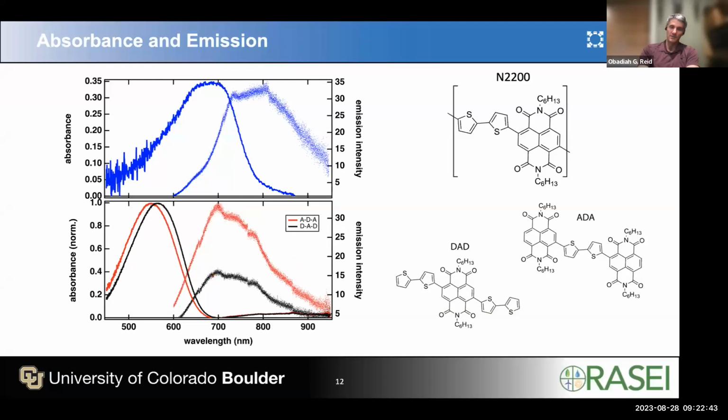The ADA seems to have somewhat higher PL quantum yield than the DAD, but it's very low in both cases. Additionally, you can see from the absorption spectra and comparisons with thin films of this DAD compound, which I don't have on this slide, that indeed you do have isolated molecules in solution. You don't see the characteristic redshifting that would indicate aggregation of these molecules in solution.